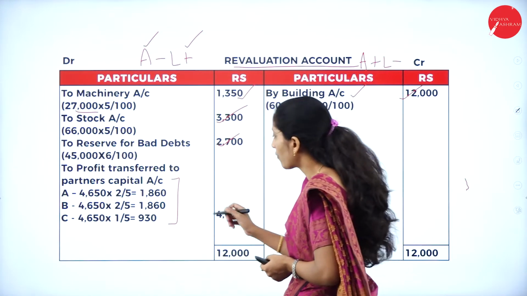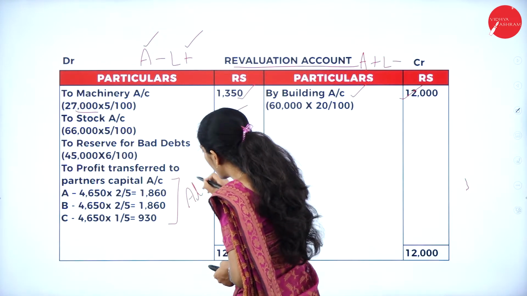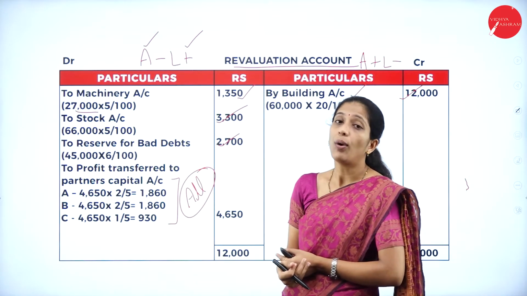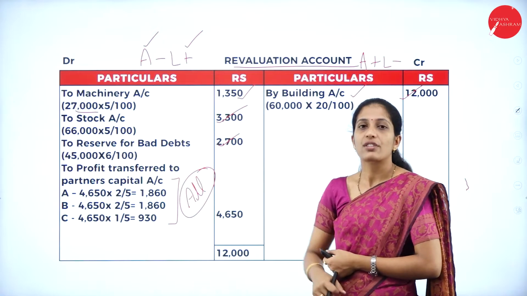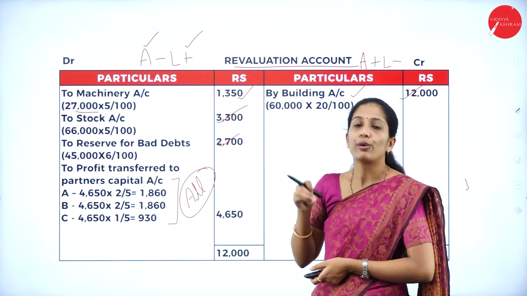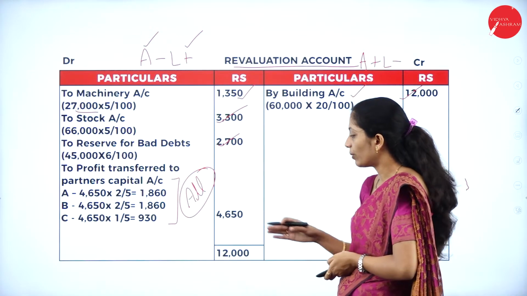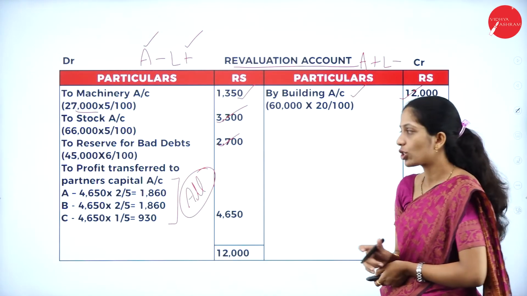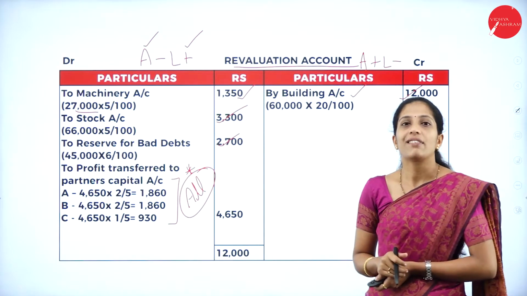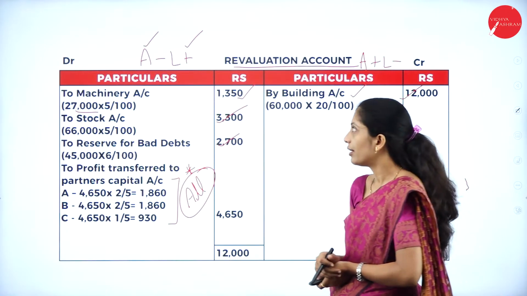But here, you have to transfer this revaluation profit or loss to all the partners, in the old ratio, that is A, B and C, including the retiring partner also. So this is about your revaluation account. The only difference is here, that is distribution of revaluation profit or revaluation loss.